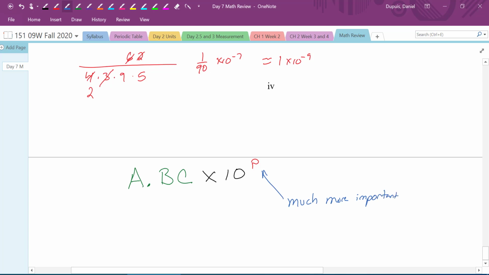All right? Okay, that makes sense. A lot of people say, well, I got A, B, and C right. If it was 6.54 or 3.21, whatever those numbers happen to be. Yeah, but you're off by 20 orders of magnitude. That's big. Really big. So P is more important than A, B, and C. Way more important than A, B, and C.